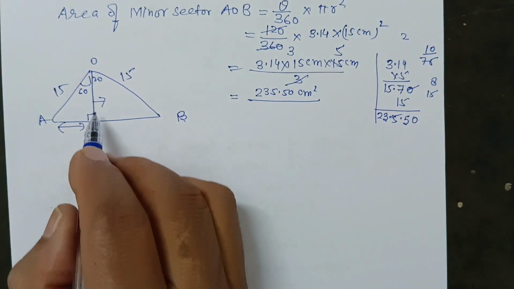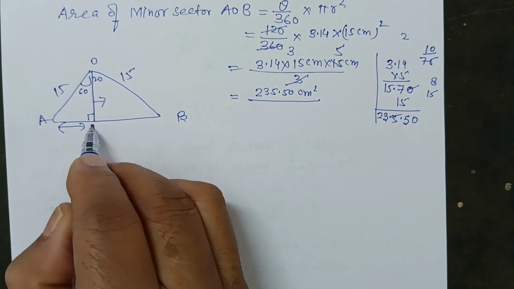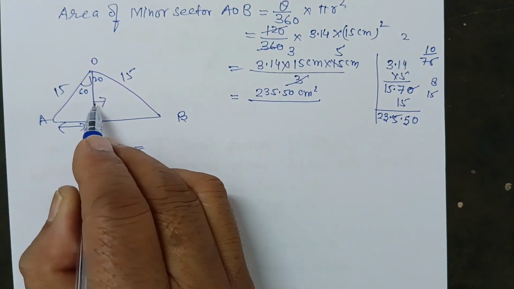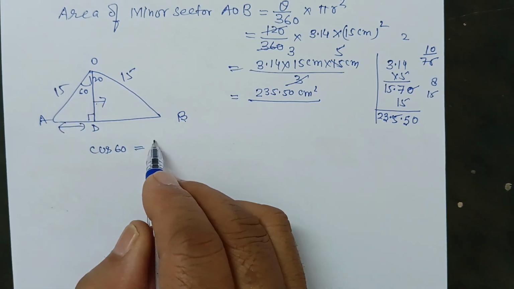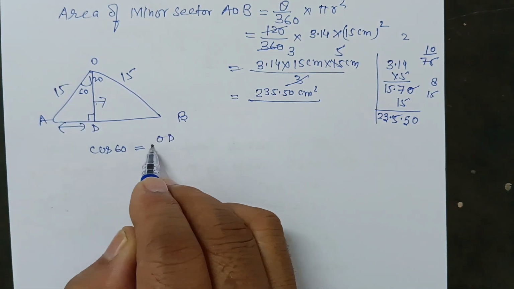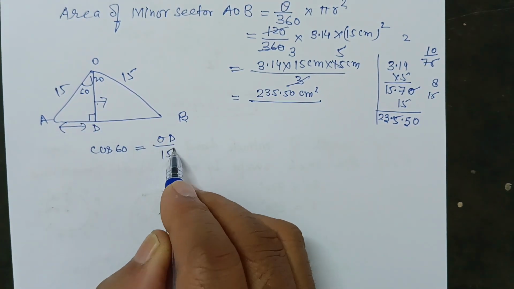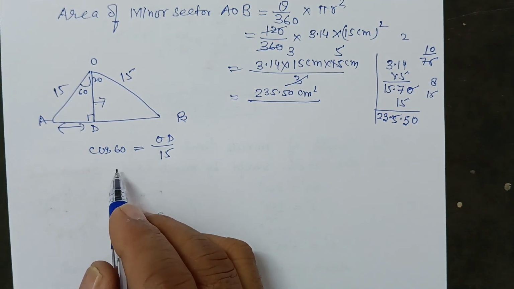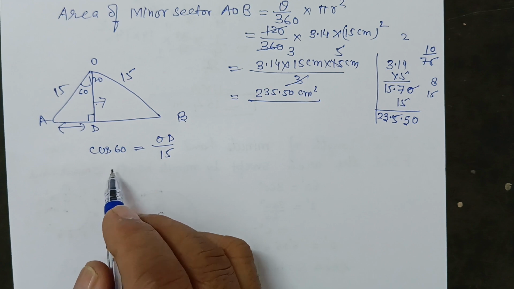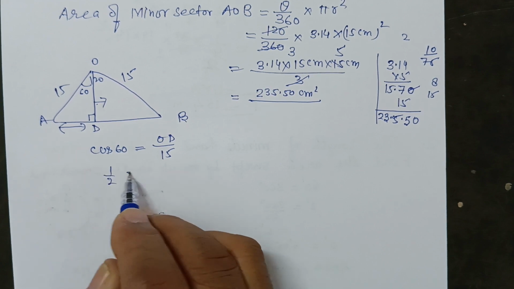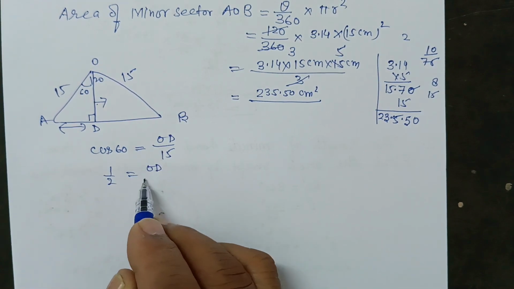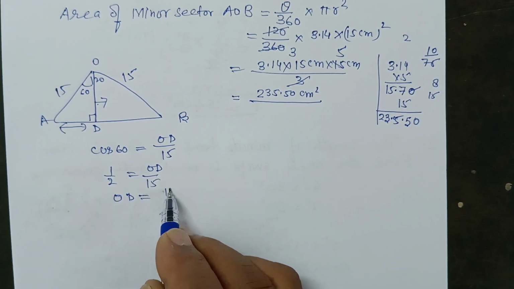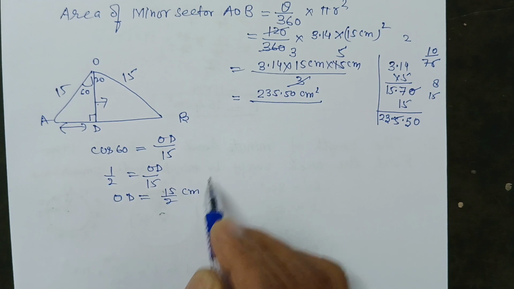Using trigonometry, cos 60 degree is adjacent upon 15, that means OD, the height, upon 15 centimeter. The value of cos 60 is 1 by 2, so OD becomes 15 by 2 centimeter.